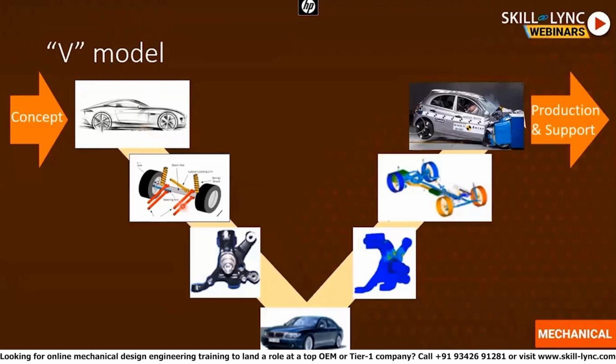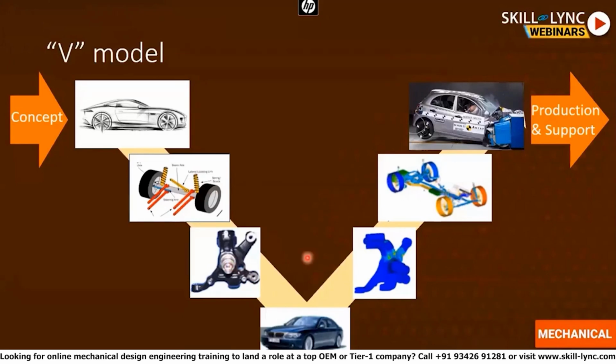And after that, each system will be designed. Here you can see the suspension system being displayed. There are many other systems which have to be individually designed. So we have to decide what the configuration of each system should be in this step. Following that, in this system, what are all the components involved and how the detailed design of each component should look.